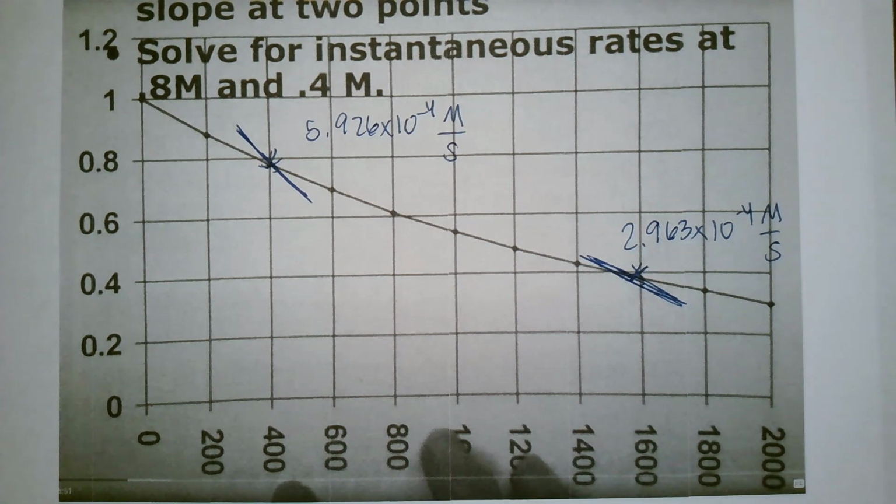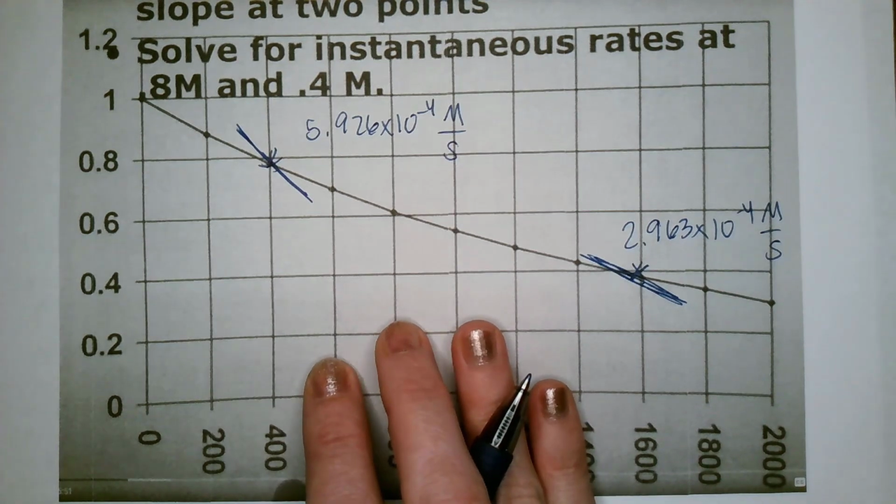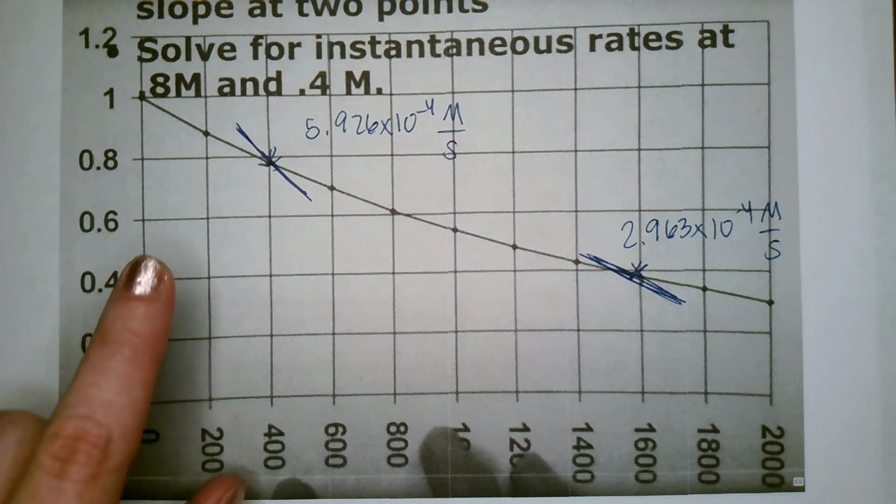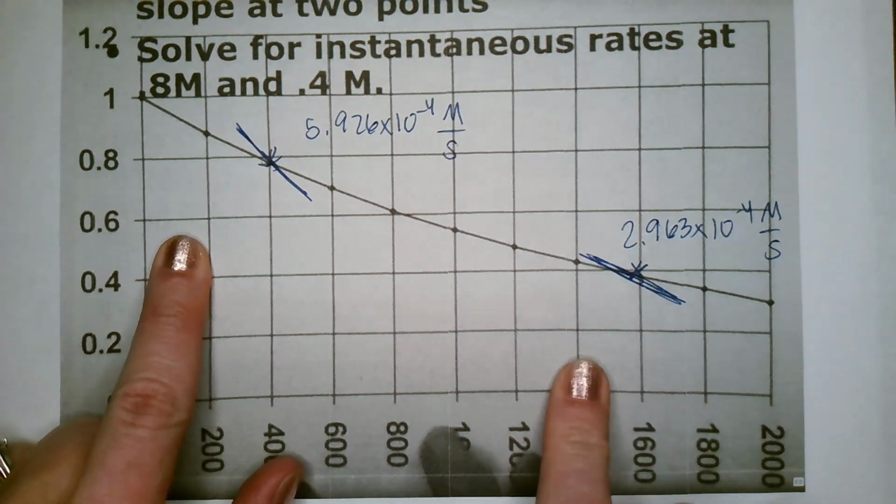So if we look at these a little bit closer, and we want to know, how does the concentration affect the rate of our reaction? So we generate these lists in a data table. List 1 represented the time going down, and list 2 represented the concentration going down. We graph that information of concentration versus time, and we solve just convenient points. 0.8 and 0.4 were selected because they're half of one another.